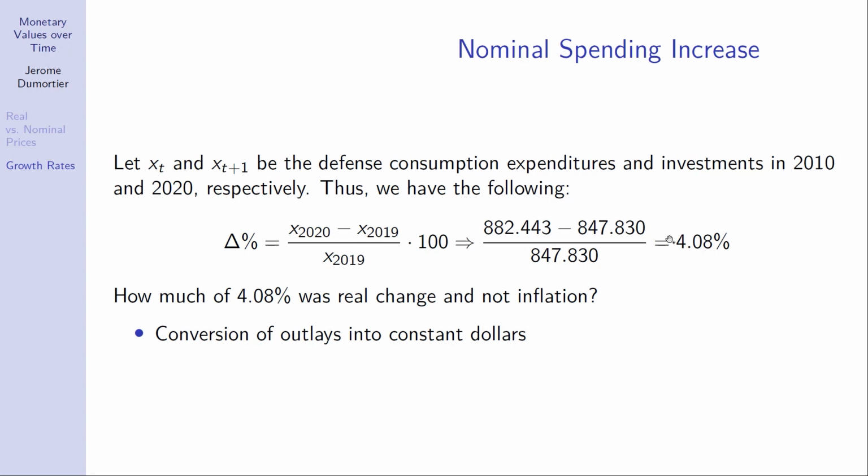So the question is, how much of that 4.08% was a real change and how much of that was actually inflation? In order to do this, you have to convert those outlays or expenditures into constant dollars.